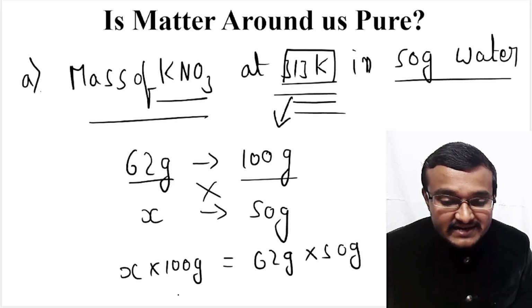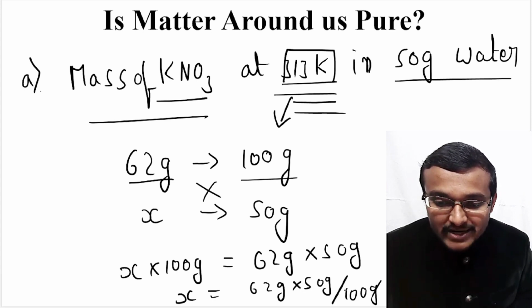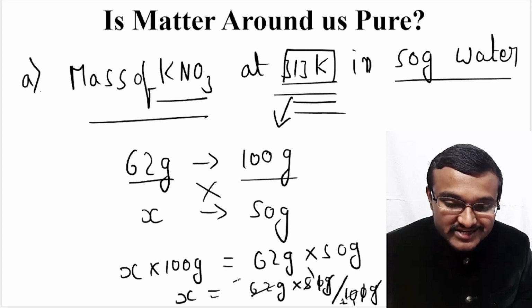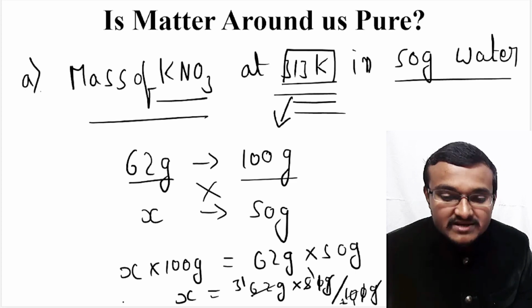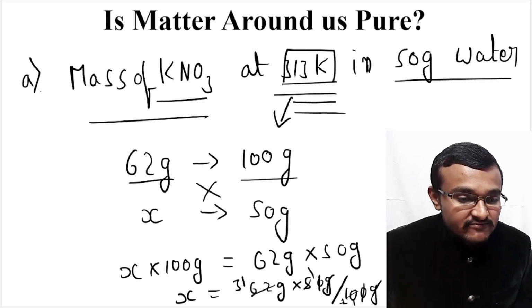Bringing the 100 gram to the RHS, it goes to the denominator: 62 gram into 50 gram divided by 100 gram. Here 1 gram gets cancelled, 0 gets cancelled, 5 twos are 10, 2 ones are 2, 3 ones are 3, so 31 grams. So the value of x will be 31 grams.